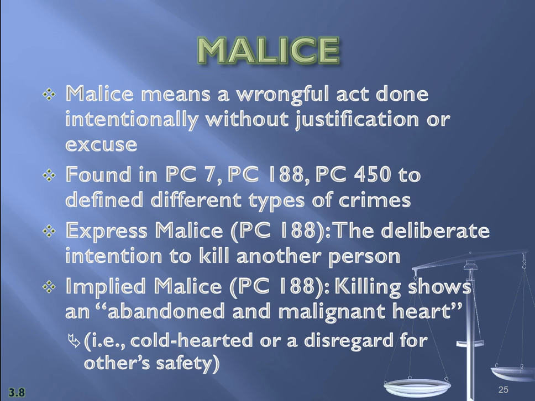There is express malice, and you can look at Penal Code 188, which is the deliberate intention to kill another. And then there is implied malice, which you can find in Penal Code 188, where the killing shows what we call an abandoned or malignant heart, cold-hearted disregard for other's safety.